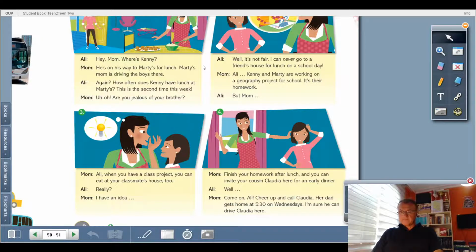Allie, Kenny and Marty are working on a geography project for school. It's their homework. But, Mom... 3. Allie, when you have a class project, you can eat at your classmate's house too. Really? I have an idea. 4. Finish your homework after lunch, and you can invite your cousin Claudia here for an early dinner. Well... Come on, Allie, cheer up and call Claudia. Her dad gets home at 5:30 on Wednesdays. I'm sure he can drive Claudia here.